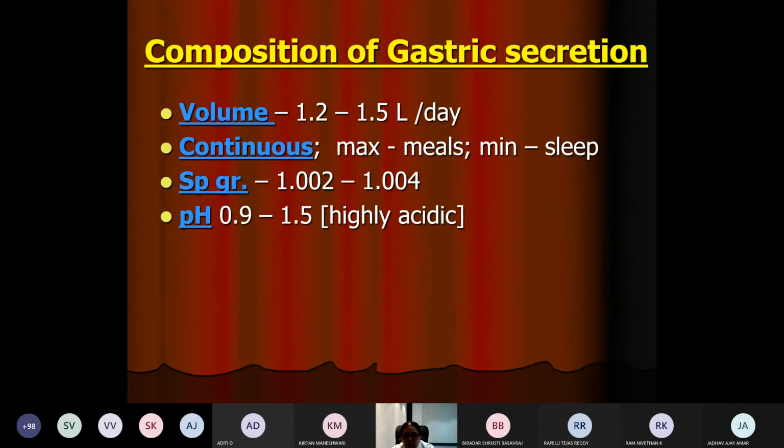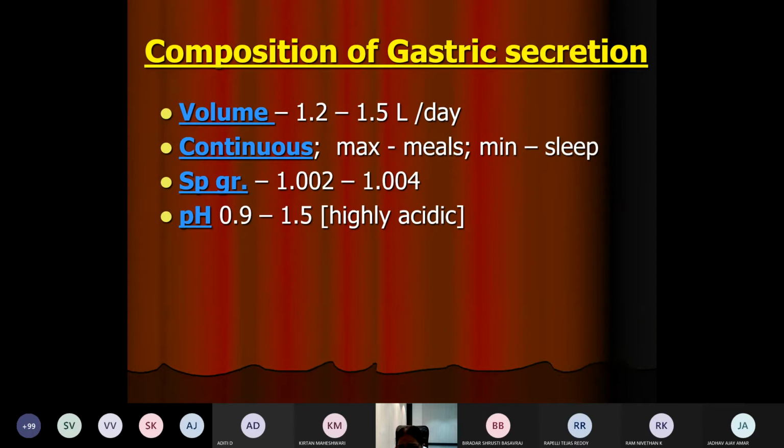We will come to the composition of gastric secretion. Composition, function, mechanism, regulation, applied physiology. It is for the long question. Volume 1.2 to 1.5 liter per day.